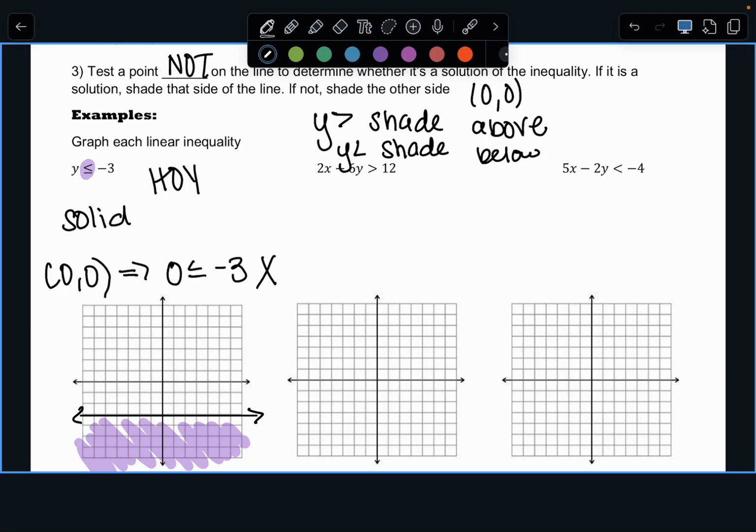Remember HOY, the horizontal line? Its slope is 0, and you graph it when it's like y equals a number. Here we don't have y equals, we have y less than. But to graph inequalities, we just graph the line as if it was an equal sign, and then we do the shading.